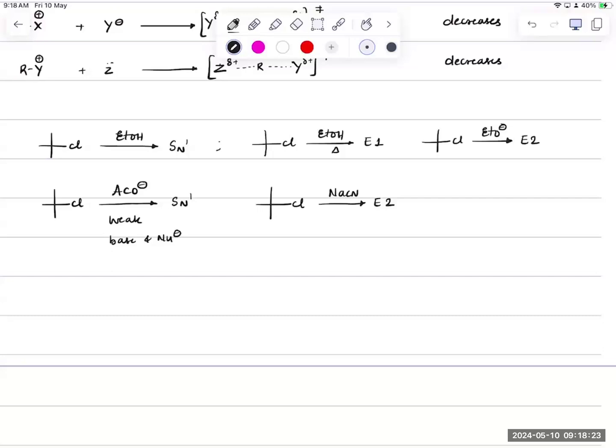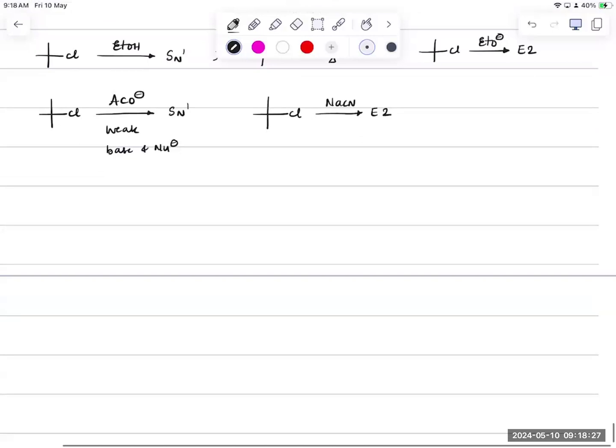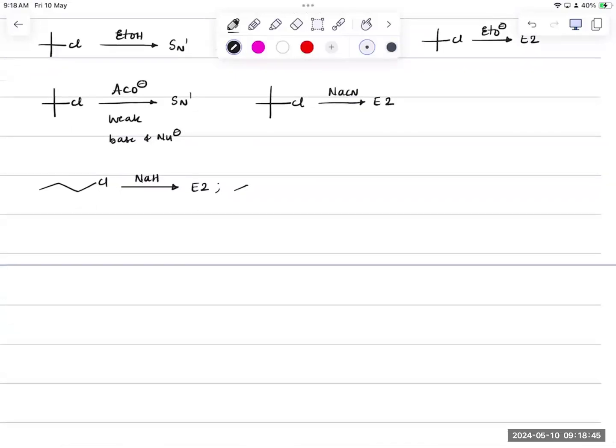Next, if you have a 1 degree alkyl halide like this and you have NaH, I told you H minus will only do E2. It will not go for SN2 kind of reactions. Only E2. If you have Cl with aqueous NaOH, you will think only in terms of SN2.